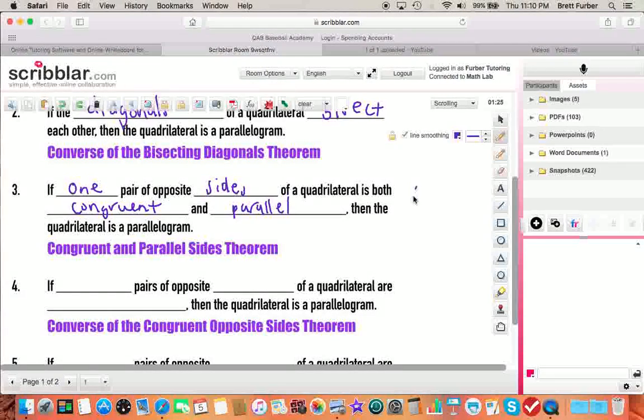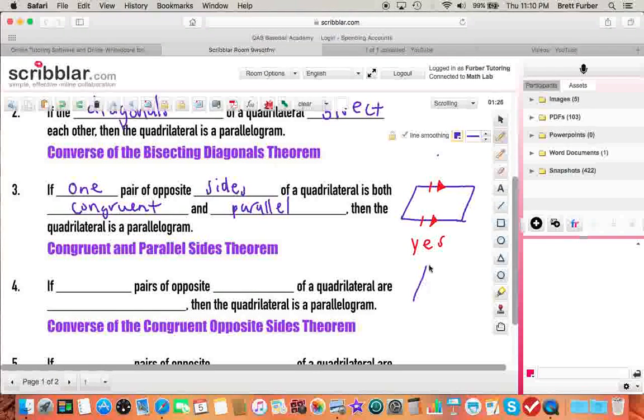So let me give you an example. If the quadrilateral, I should say, because we don't know if it's a parallelogram yet, if we want to see if it's a parallelogram, we can prove that it is if we have a pair of sides that are parallel and at the same time we have congruency markings. But it has to be the same pair. So this one would be yes.